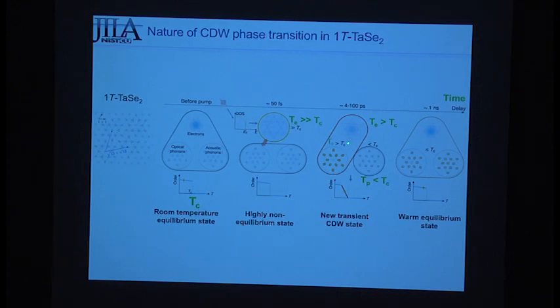You excite this transient charge density wave state that lasts for about 100 picoseconds, and only after a nanosecond do you get to the place you might have gotten to if you had just heated the material and kept both the charges and phonons at a single temperature.